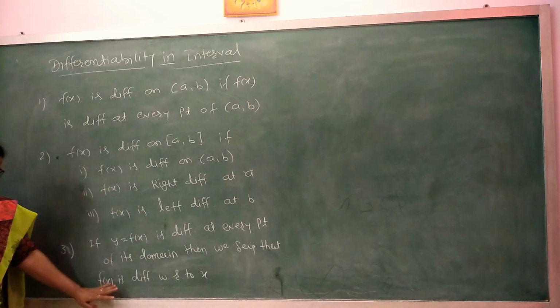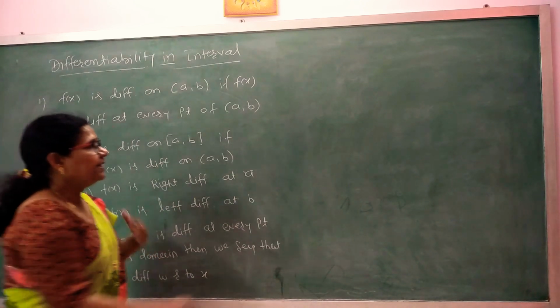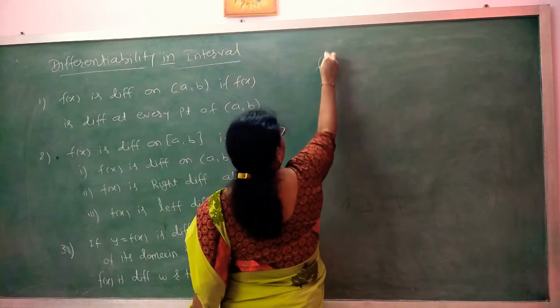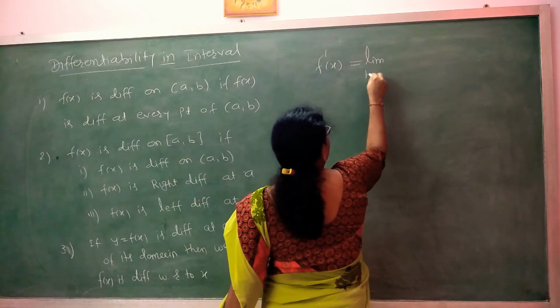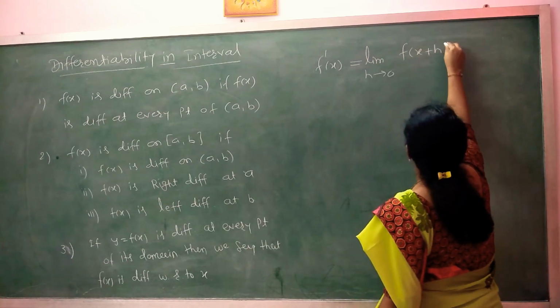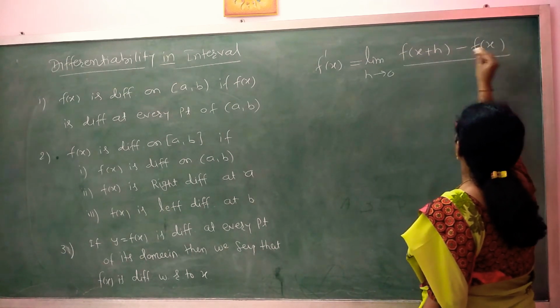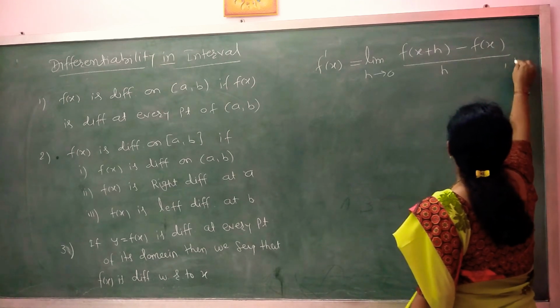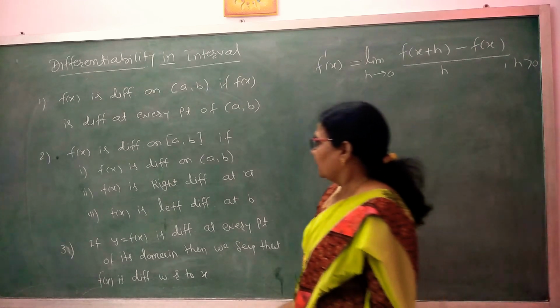then we say that f of x is differentiable with respect to x, and write it as f dash of x equal to limit h approaches to 0, f of x plus h minus f of x divided by h, where h greater than 0, h is a very small positive number.